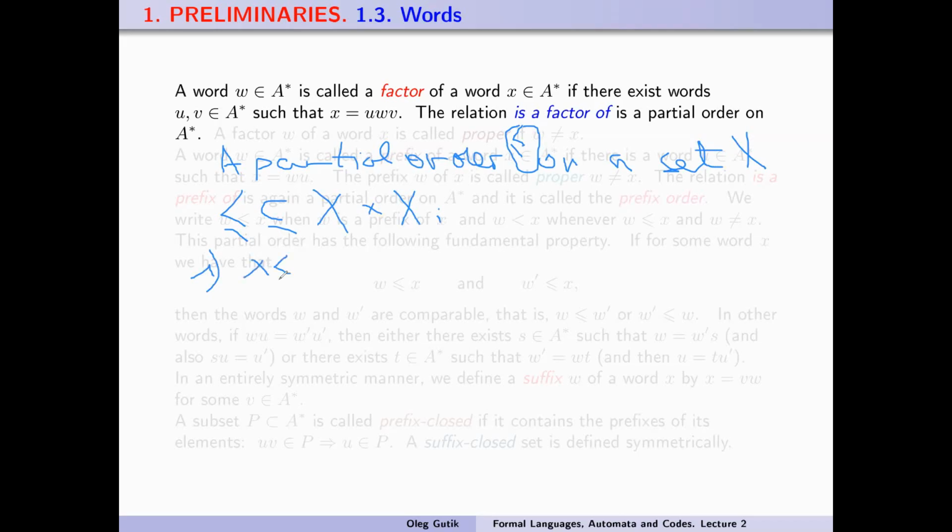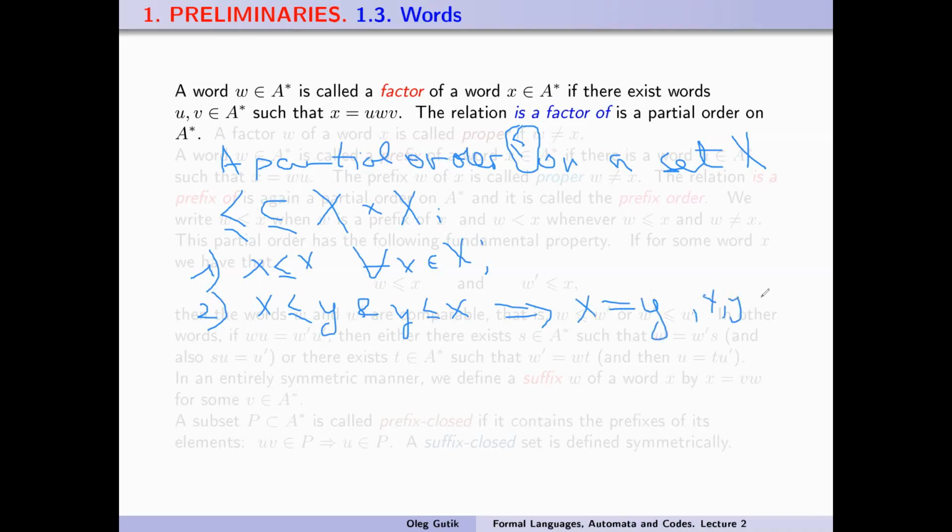The first: x is less or equal x for all x from X. The second: if x is less or equal y and y is less or equal x, this implies that x is equal y for x, y from X.